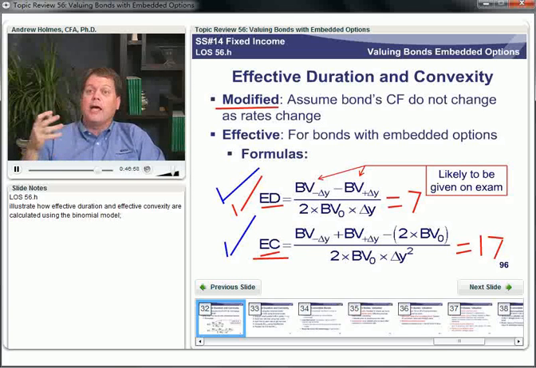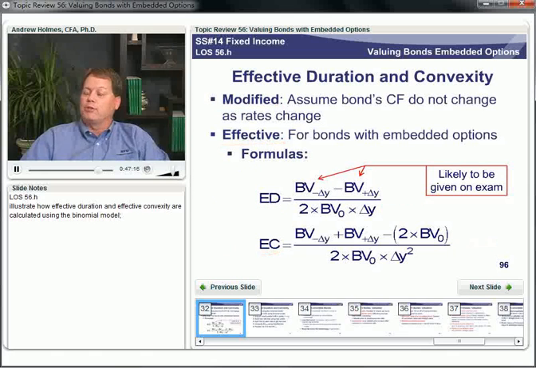Modified means that we're not considering any change that interest rates will have on the bond's cash flows. Effective means that we have considered that. The formula is the same for both of these. So if they say effective duration, that means it's a callable or puttable bond. If they say modified duration, that means that the bond has no embedded options. For us, it's transparent. It's just a labeling issue.